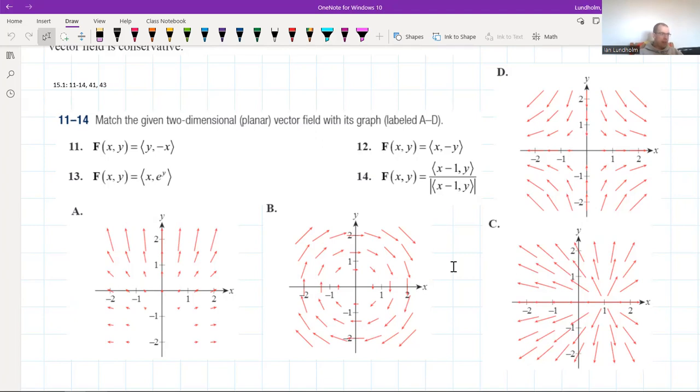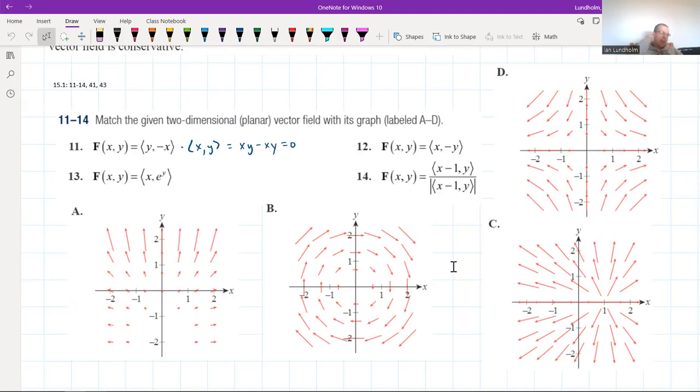11. We see y in the x component and negative x in the y component. One thing that you might notice about this vector is that if you took its dot product with xy, you would get xy minus xy, which is equal to 0.